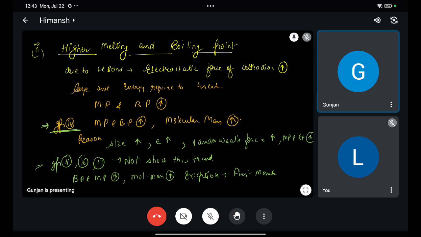For example, NH3, H2O, HF have abnormally high melting and boiling points due to hydrogen bonding.